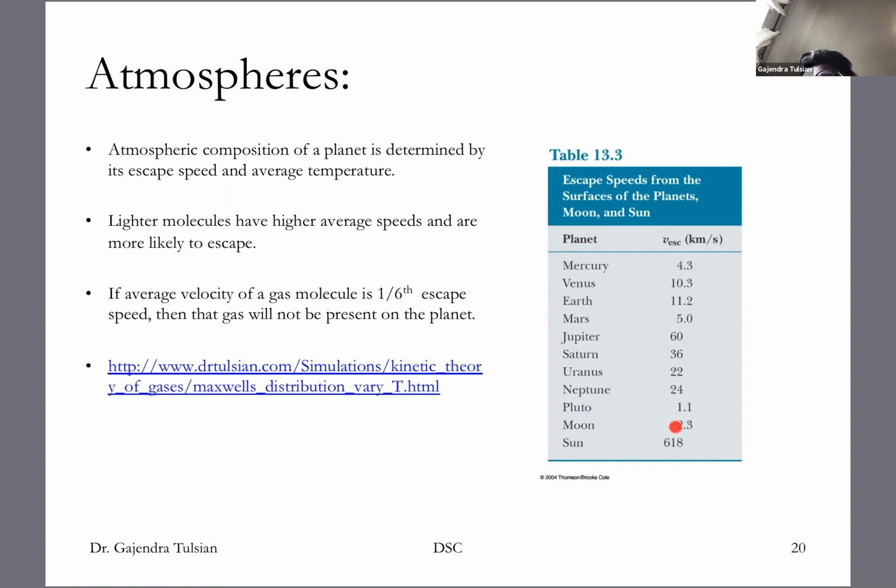Here's the key fact: if the average velocity of a gas molecule, which depends on the temperature at the surface of the object, is 1/6 the escape speed, then the gas will not be present on the planet. That's why any gas you put on the moon will escape.